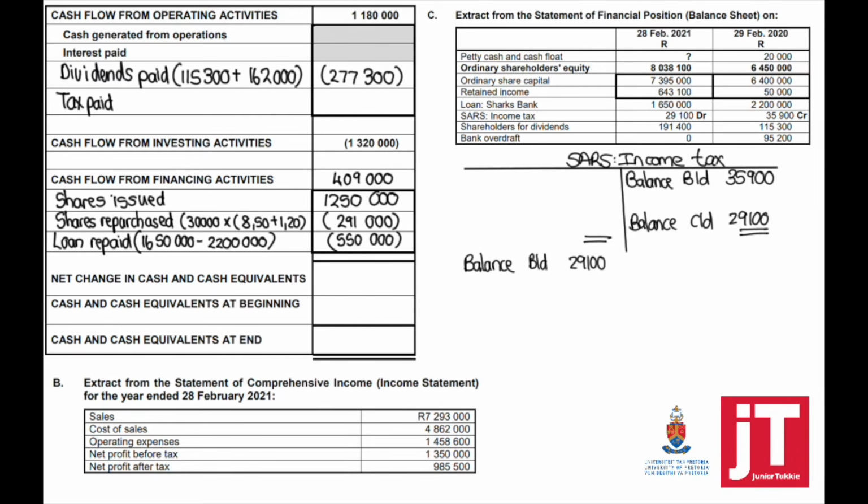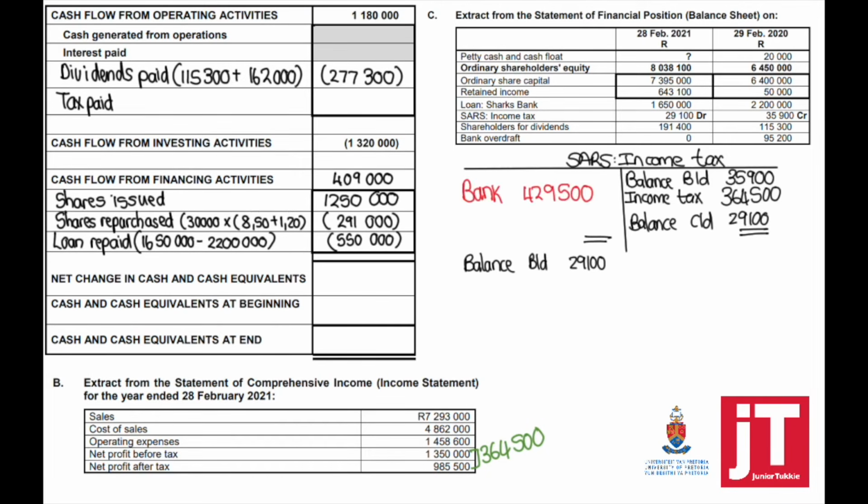You should know that income tax is an expense to the company which will be debited, and SARS income tax will always be credited. Now we need to find out what is the income tax for this year. If I look at the extract from the Statement of Comprehensive Income, they provided us with the net profit before tax and the net profit after tax. If I take the difference, it will provide me with the income tax for this accounting period.